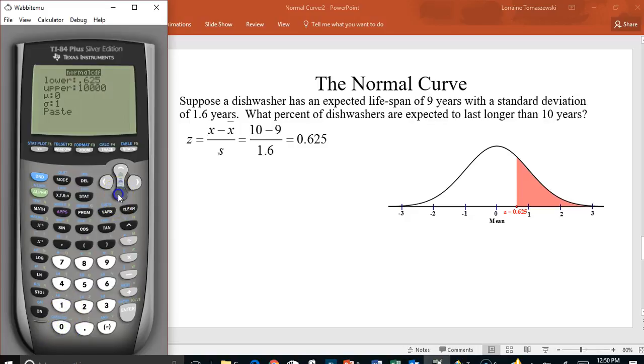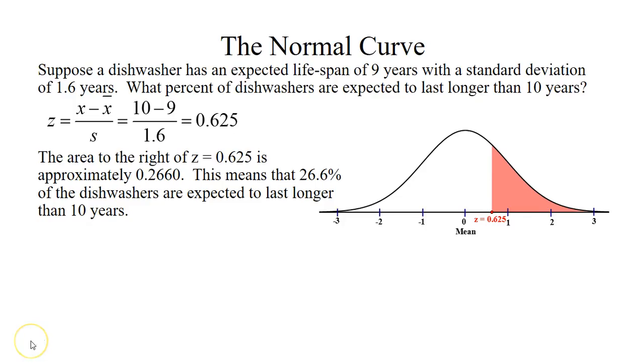Again, our mean is 0 and our standard deviation is 1, and we're just going to hit enter twice. So that gives us an area of 0.26598 or 0.2660. So let's go ahead and use that. So that tells us that 26.6% of the dishwashers are expected to last longer than 10 years.